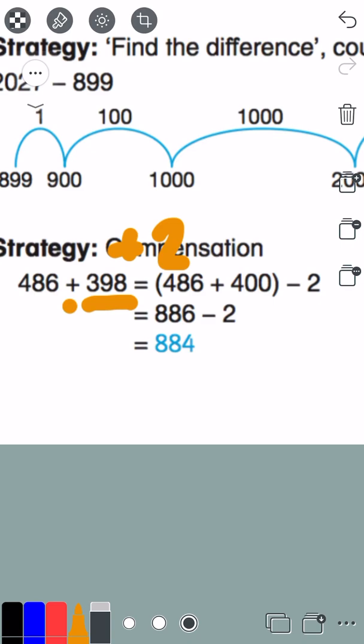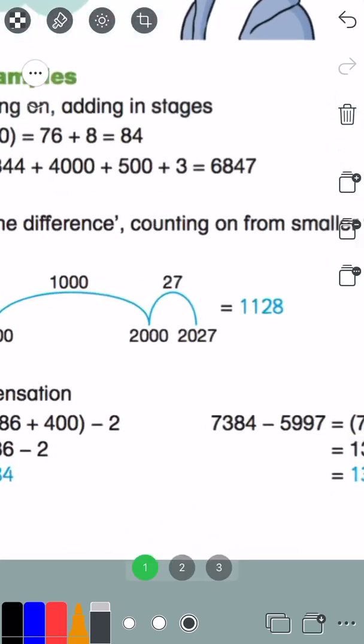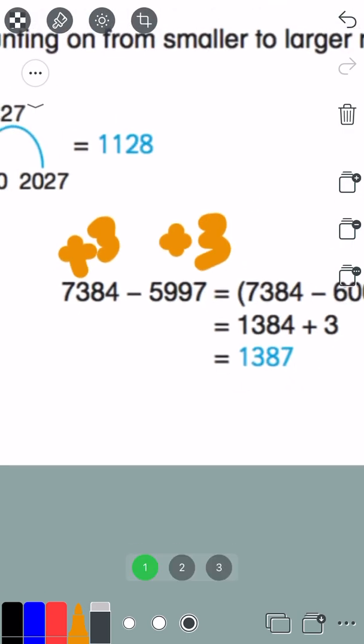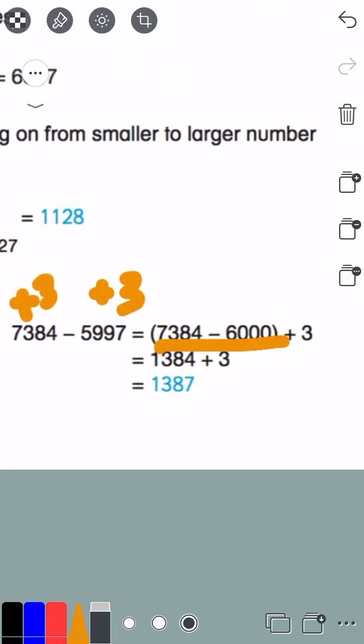Because it's addition, we're going to subtract 2 from the first number or from the total. And in subtraction, if we're adding to the second number, we have to add the same number to the first number or to the answer.